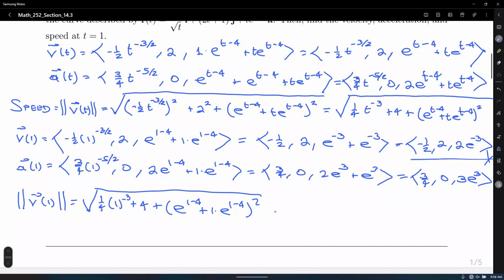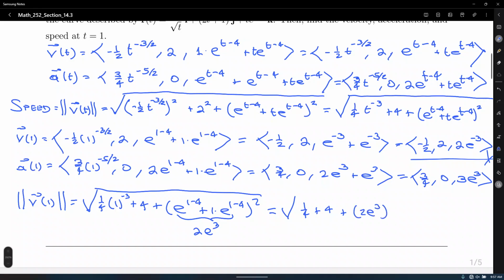So this will give us, well, number 1, the square root of 1 to the negative 3, which is still 1, times 1/4. That is 1/4 plus 4. And plus, how about this guy right here, 2 times e to the third power?